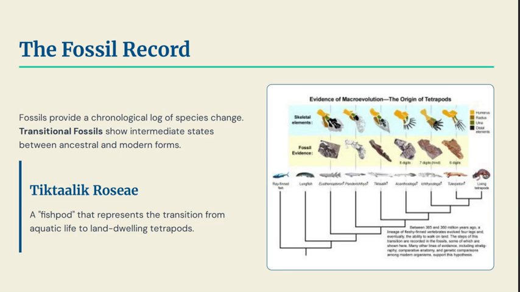A term I've never learned how to pronounce, Tiktaalik roseae, is a fish that represents the transition from aquatic life to land-dwelling tetrapods. As you can see here, there's an evolutionary tree.